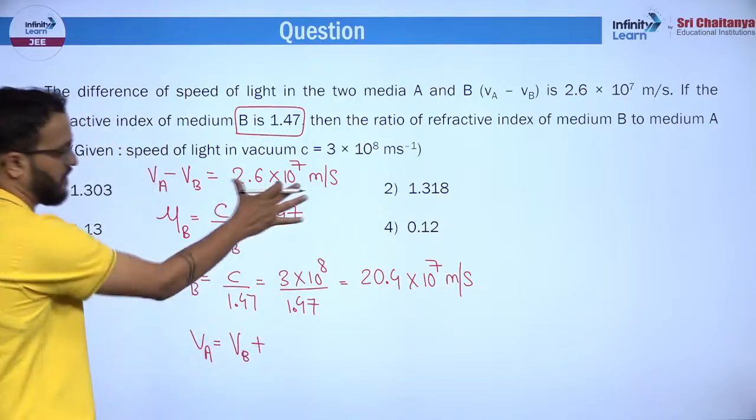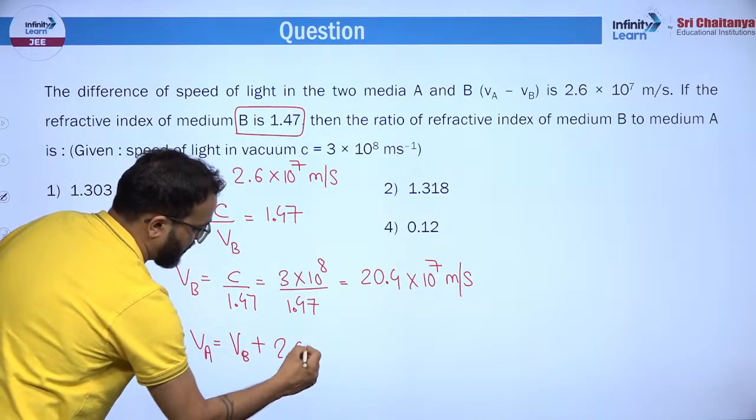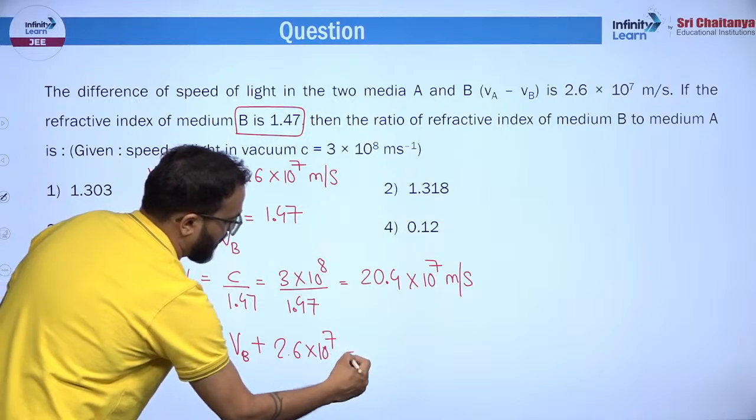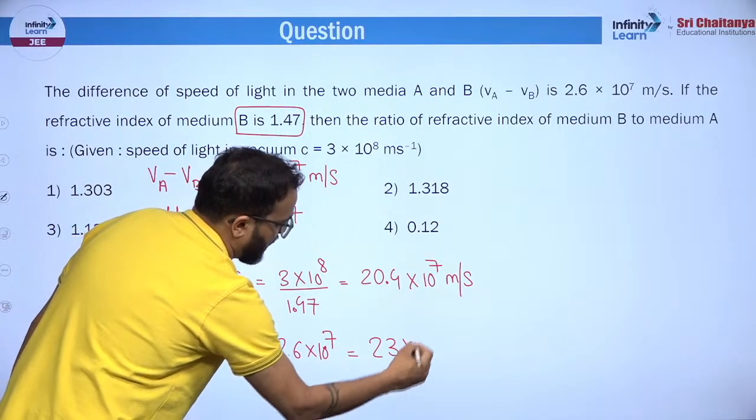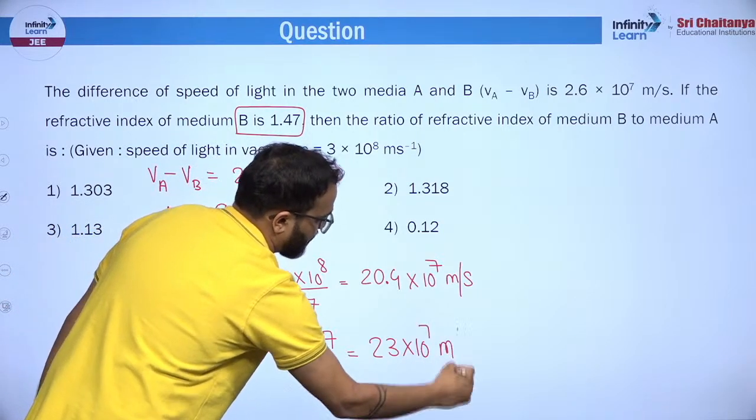VB प्लस ये डिफरेंस कितना है? 2.6 इंटू 10⁷. तो आंसर आ जाएगा 23 इंटू 10⁷ मीटर्स पर सेकेंड.